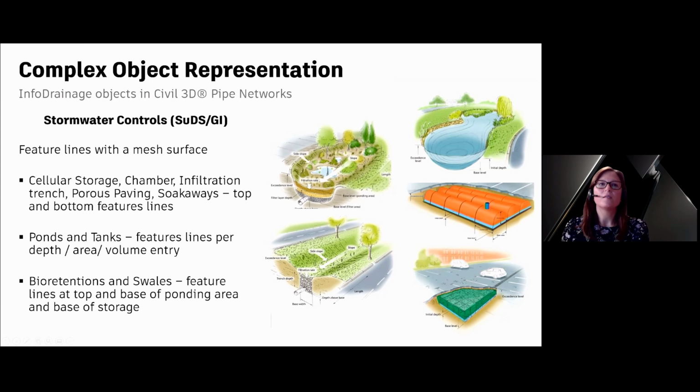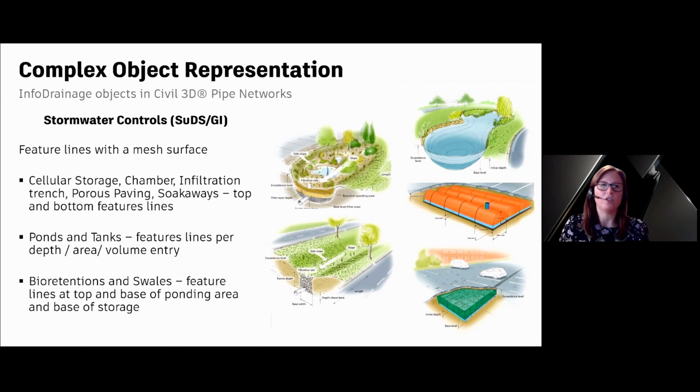So we've broken them into a few different categories: cellular storage, chambers, which could be like these arch chamber storage options, an infiltration trench, which would just be the base part of this dry swale picture, porous paving, and individual soakaway trenches would be represented by top and bottom feature lines.